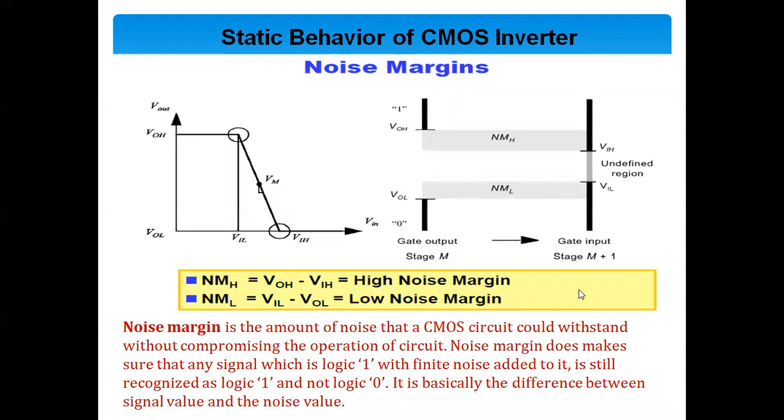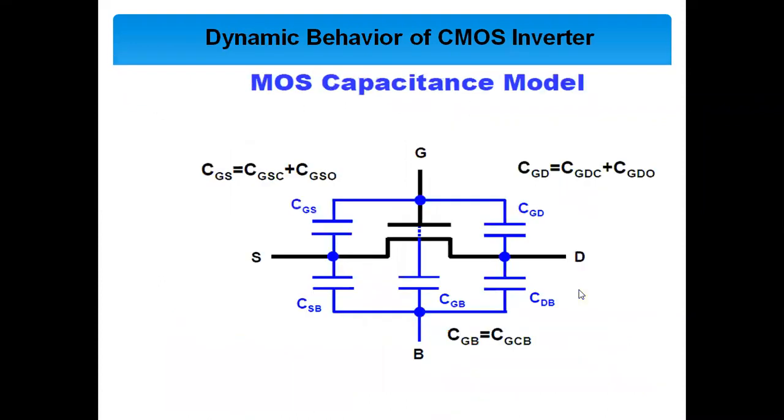So this is about the static behavior of the CMOS inverter. Now we will talk about the dynamic behavior of the CMOS inverter, right? Now what is this dynamic behavior? First you have to study the capacitances.